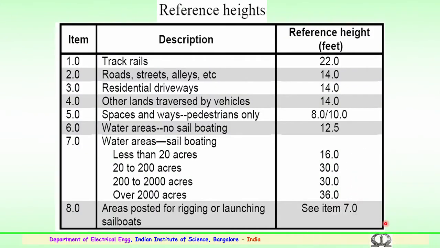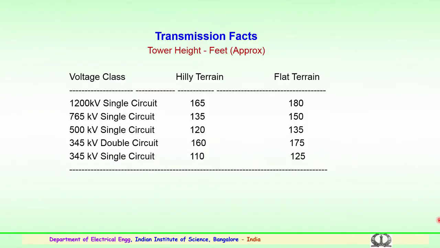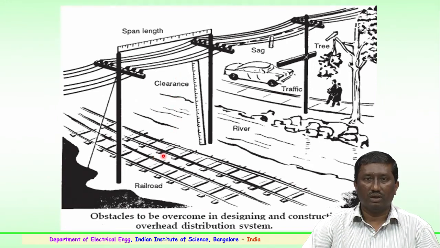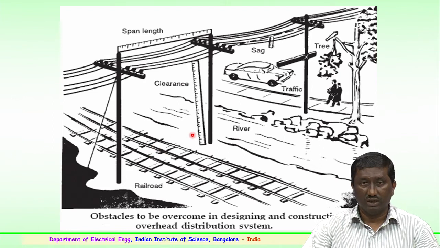So, what are the minimum clearances as mentioned in the previous slide? For example, what are the minimum clearances to be considered, apart from the electrical clearances, in the case of railway traction or a railway zone where the transmission or distribution conductors are passing near railway junctions or railway tracks.